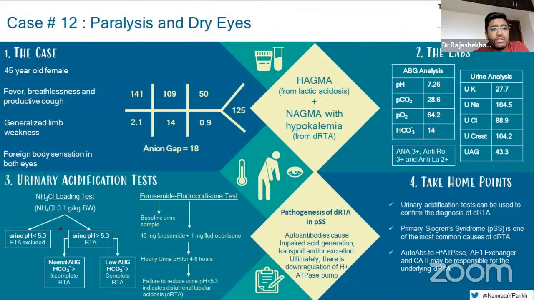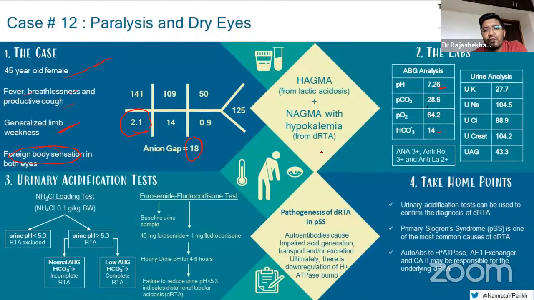Again, the last example here is the case of a 45-year-old female presenting with fever, breathlessness, productive cough, generalized limb weakness and foreign body sensation in the eyes, presented with hypokalemia and an anion gap of 18. On ABG analysis, she was found to have a pH of 7.26 and bicarbonate of 14. So there is a metabolic acidosis and there is an anion gap, so there is high anion gap metabolic acidosis.